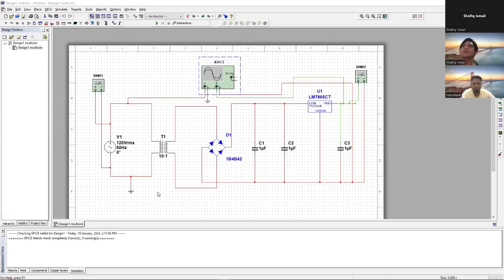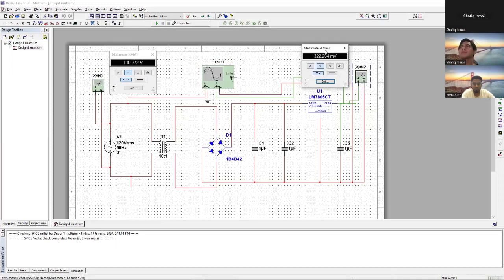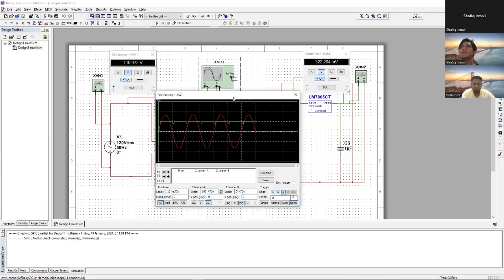In this illustration, we put the AC current here, the transformer here, and then I put a bridge here, then a capacitor, and then the control voltage, an oscilloscope and a multimeter. I will run it first.